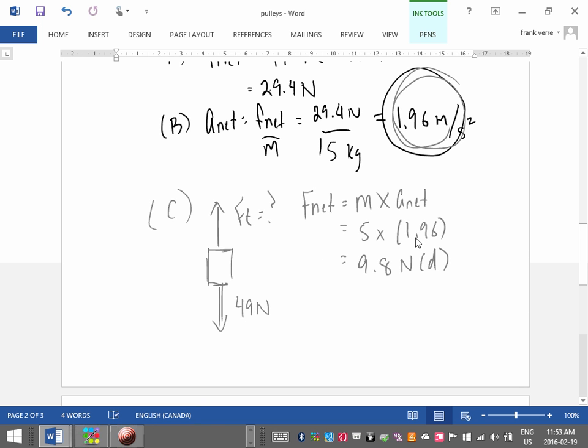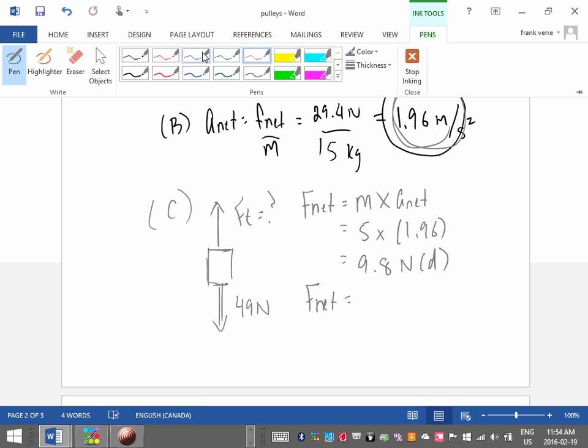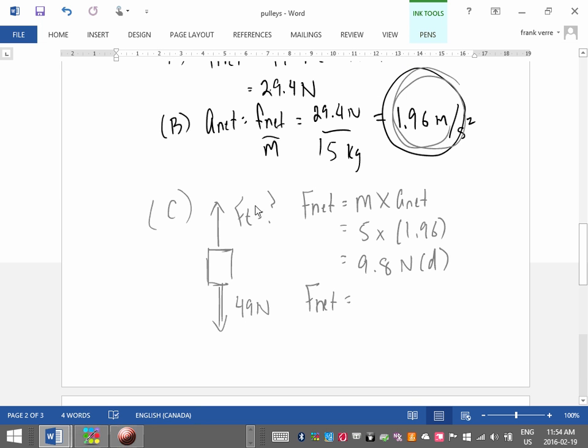That's why it's accelerating downwards. So again, we know the net force in this case is going to be the sum of which two forces? Tension and the weight. So it's the tension minus the weight. We could rearrange for tension as the net force plus the weight.